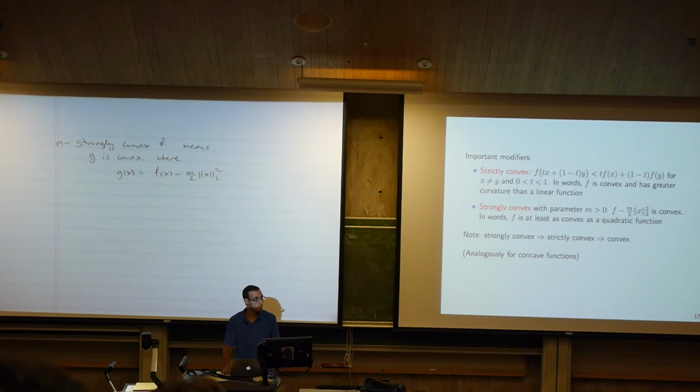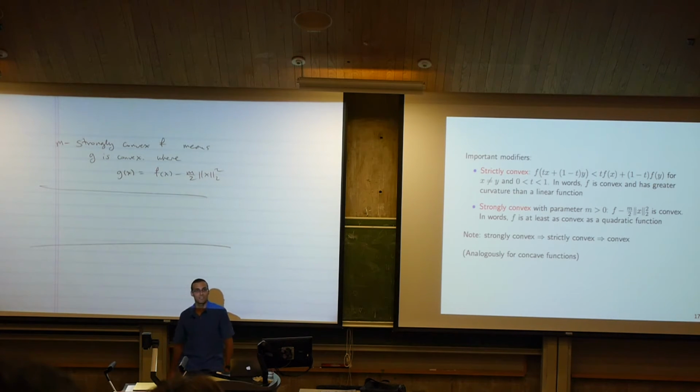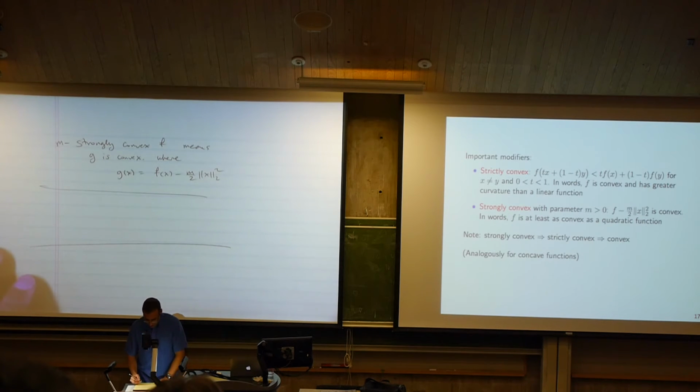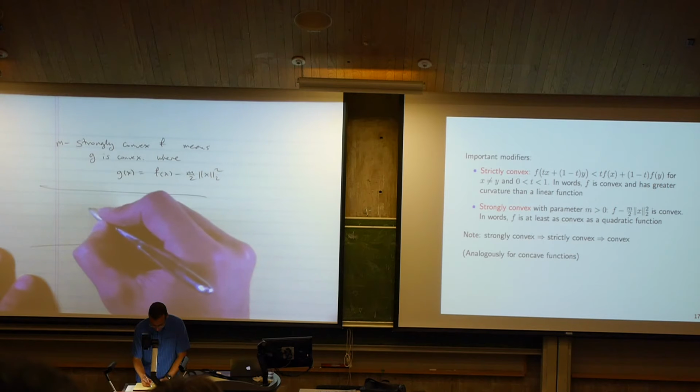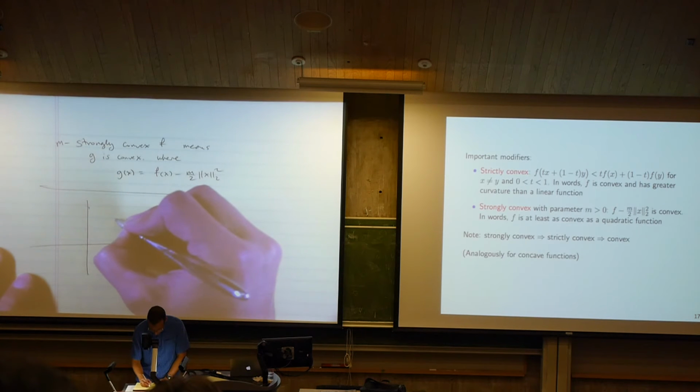Yeah, question. Good question. So, a strictly convex function that's not strongly convex. How about I bounce that back to you guys? Yeah, sure, that's good. I mean, we need to know the domain, but that's a good example. So let's think about 1 over x on 1 to infinity.